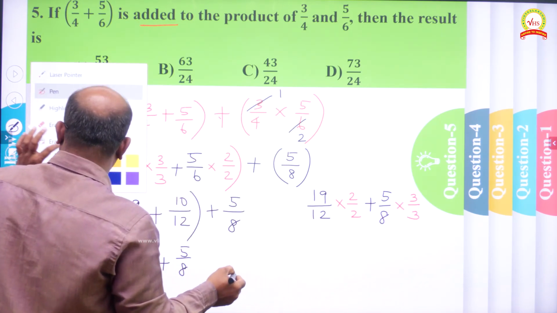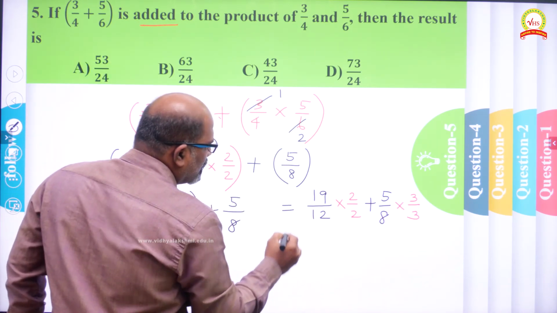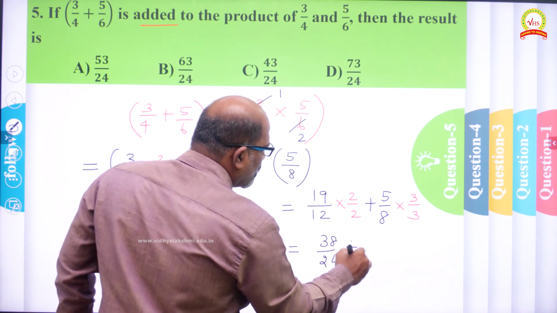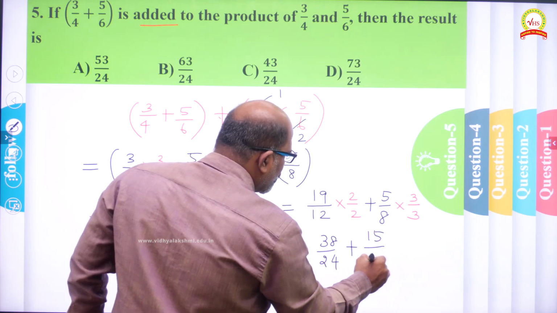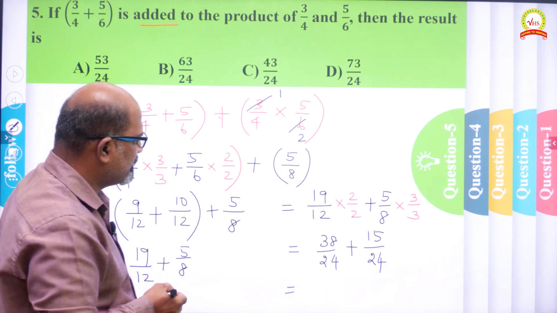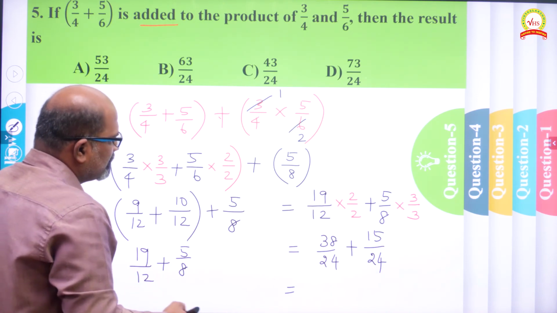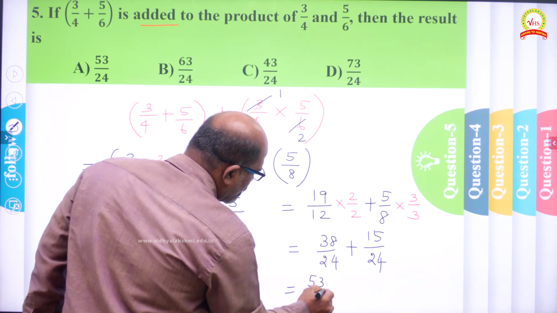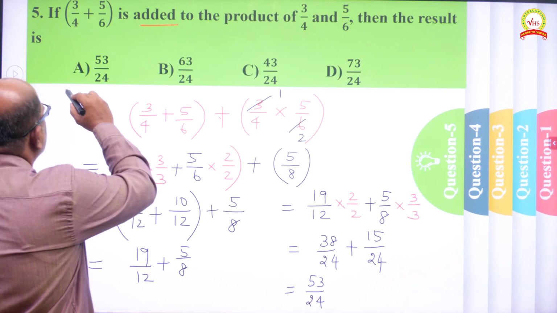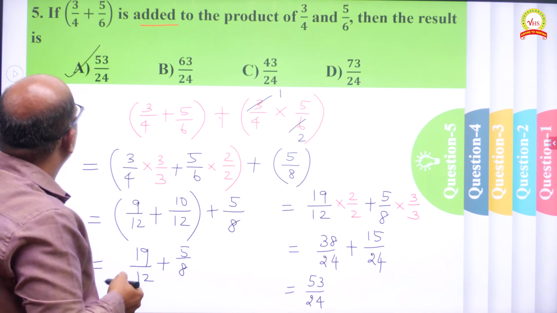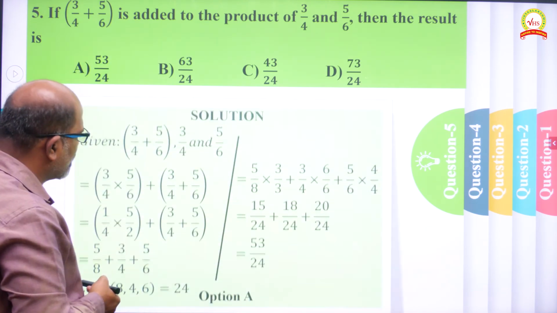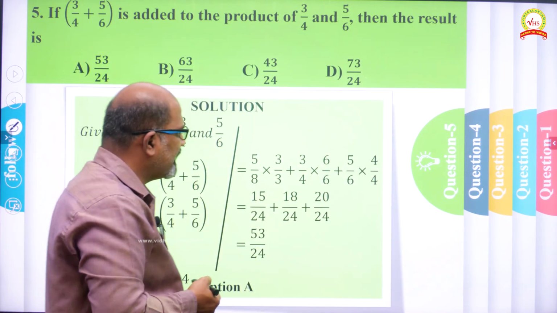So what I am getting is 19 into 2 is 38 by 24 plus 5 threes are 15 by 24. On adding, 38 plus 15 is 53. So 53 by 24 is the answer here. It is given as option A. Let us check the answer. Yeah, 53 by 24, option A is the correct one.